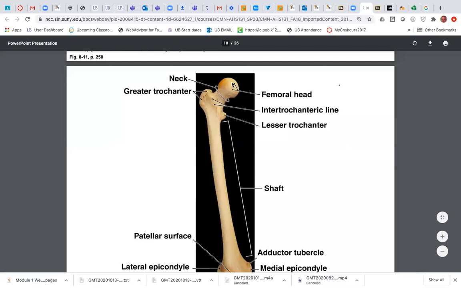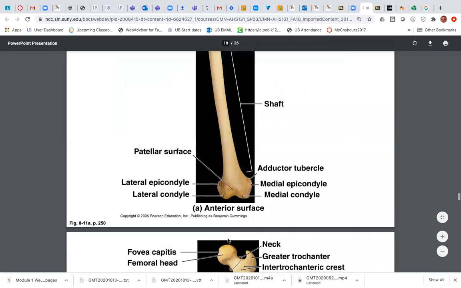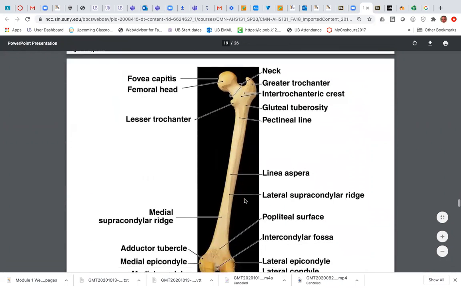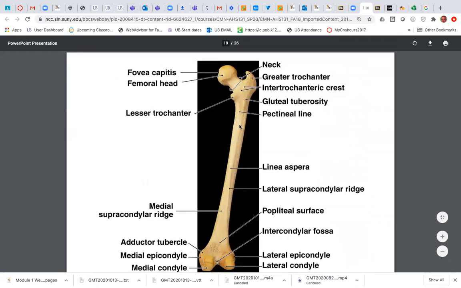Again, femoral head, femoral neck, greater trochanter, lesser trochanter, intertrochanteric line, shaft of the femur, patellar surface, lateral epicondyle, lateral condyle, medial epicondyle, medial condyle. On the posterior side is the Linea Aspera.